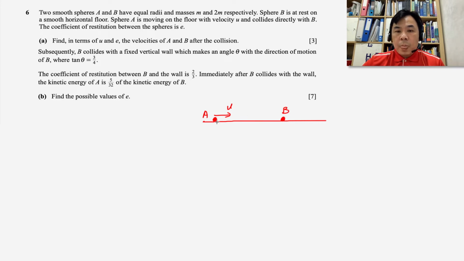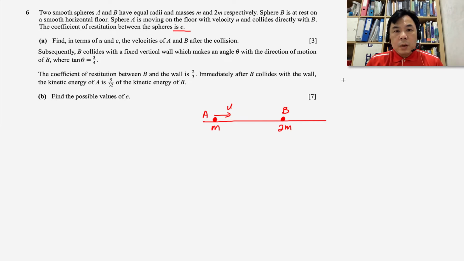The mass of A is m, and the mass of B is 2m respectively. The coefficient of restitution is E.